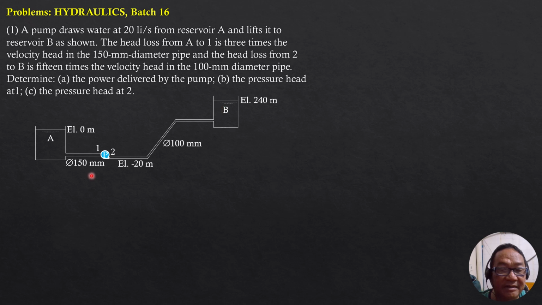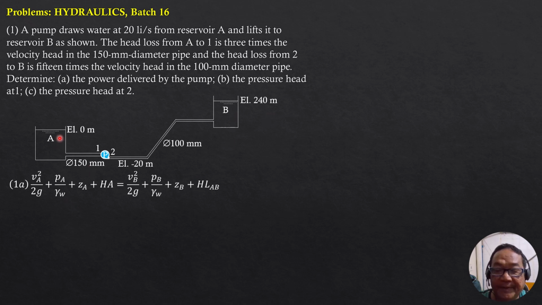And in these 2 points, we pass the pump, so there is head added by the pump. So velocity head at A plus pressure head at A plus elevation head at A plus head added by the pump equals velocity head at point B plus pressure head at point B plus elevation head at point B plus head lost from A to B.